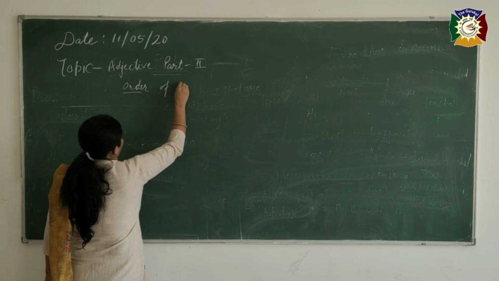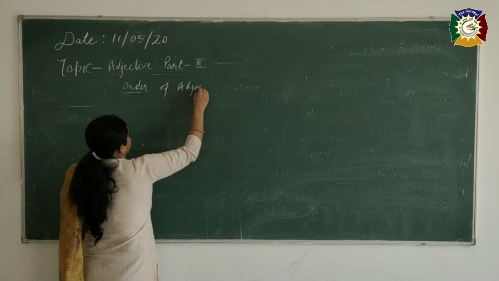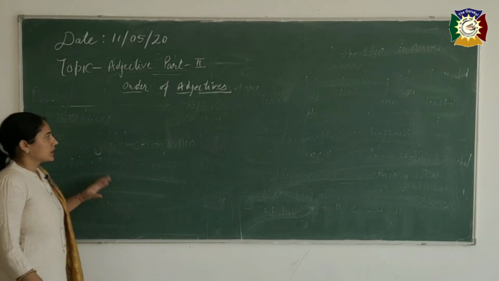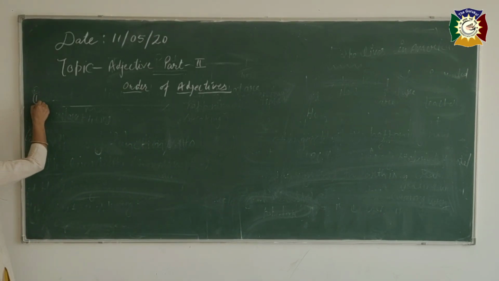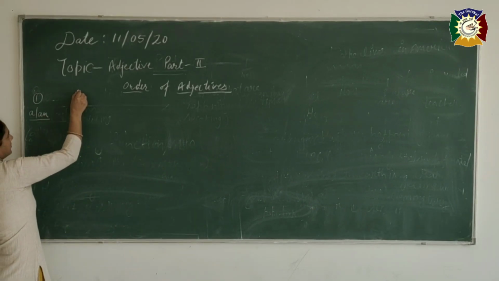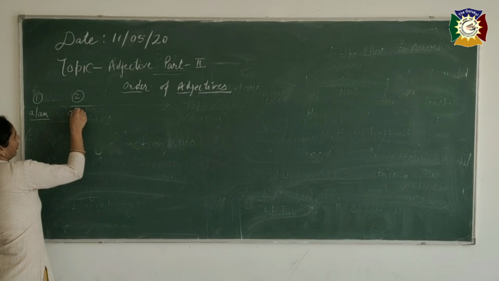Order of adjectives. First of all we will go with an article, indefinite article. Second position goes to an opinion.